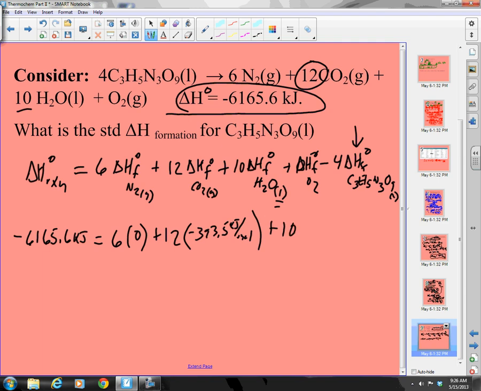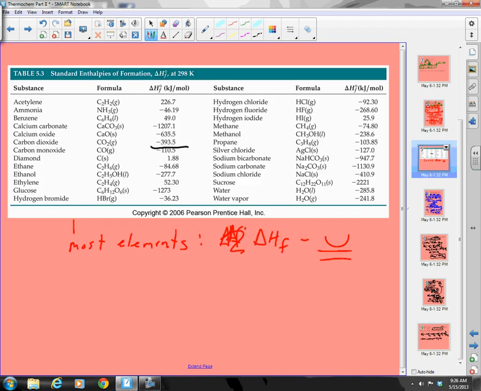Plus 10 times my delta H of formation of liquid water. Where's liquid water? Here's water. Do as you oughta, add acid to water.